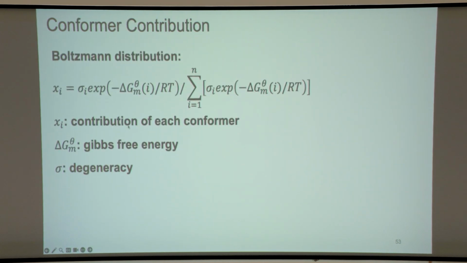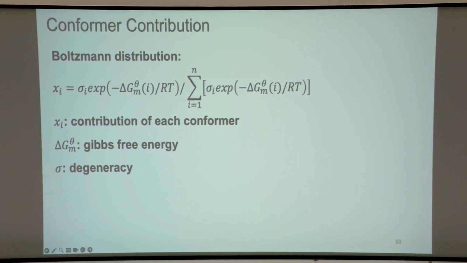Then we need to worry about the contribution of different conformers. So the conformer distribution just says, based on the Boltzmann distribution, the contribution of each conformer to the energy is sigma, which is the degeneracy, exponential minus delta G over RT, which is the Gibbs free energy, divided by the sum of, again, sigma exponential minus delta G over RT for all the different conformers.